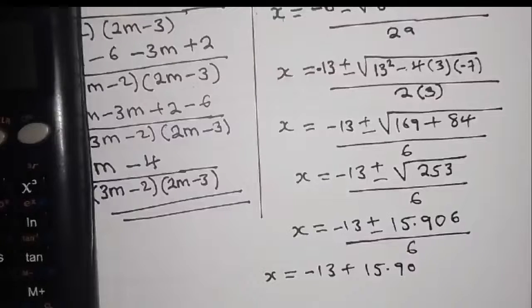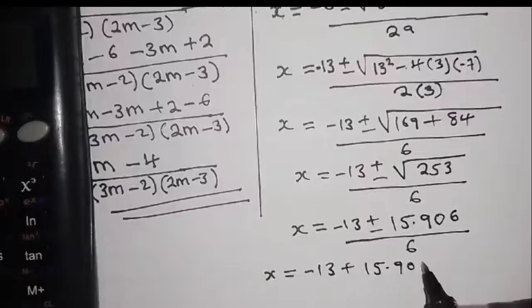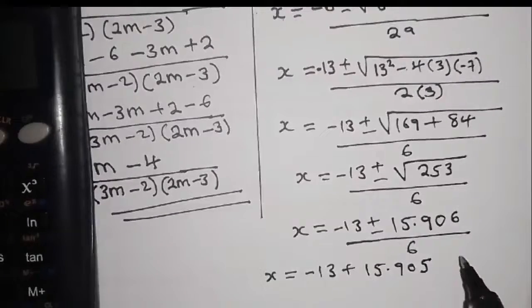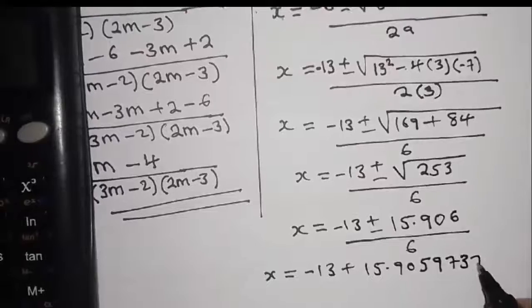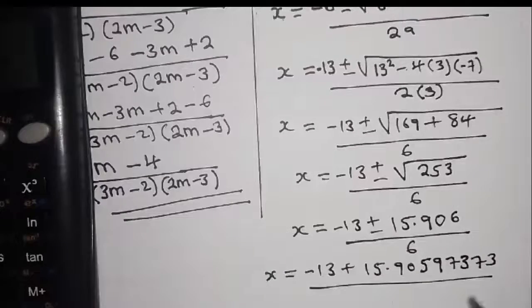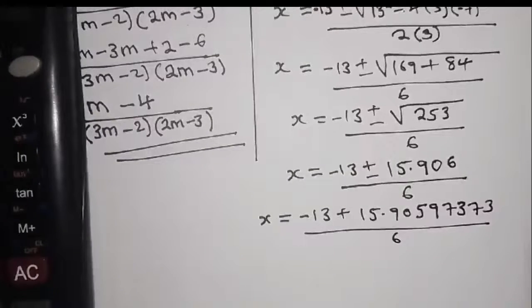Okay, so for the sake of clarity, let me just copy everything. The one you got the square root of 253. Let me just copy everything, then divide by 6.